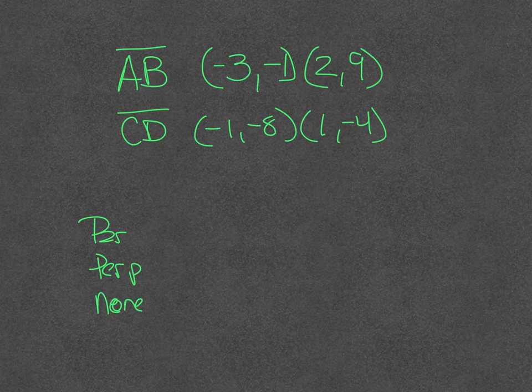Okay, so what we need to do is to find the slope. And to find the slope of a line, you just need 2 points on that line.